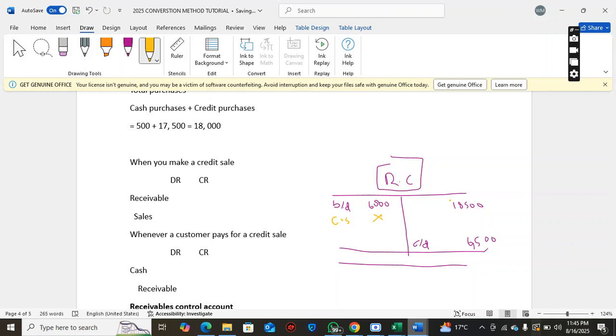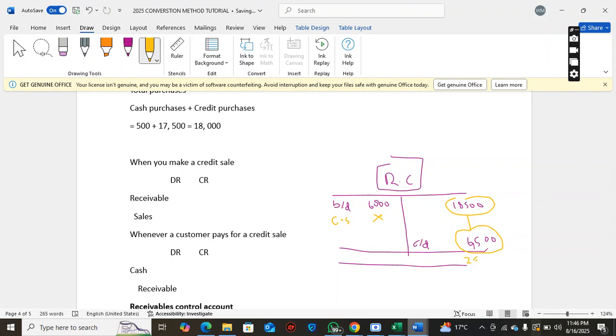So first thing you do, you add 18,500 plus 6,500. What do we get? That's 25,000.